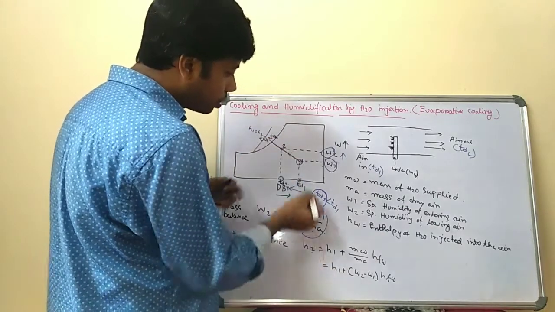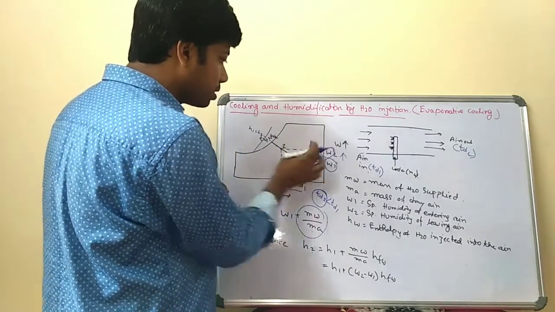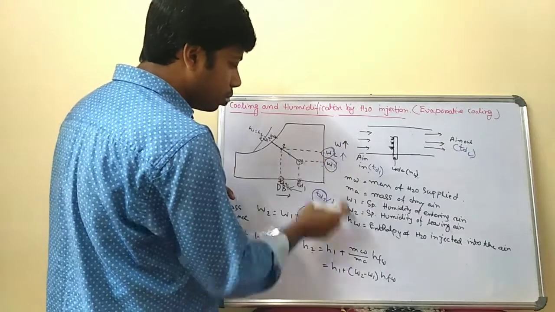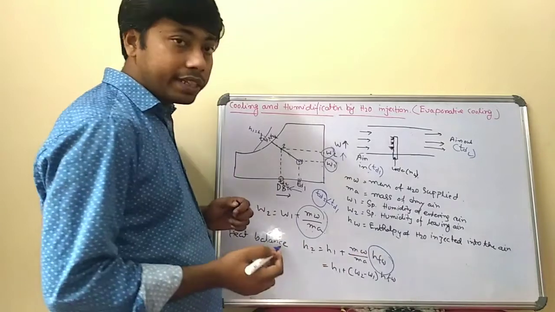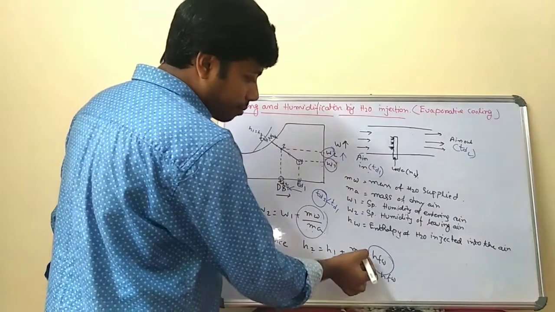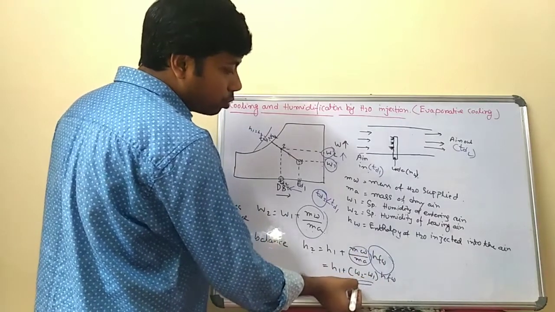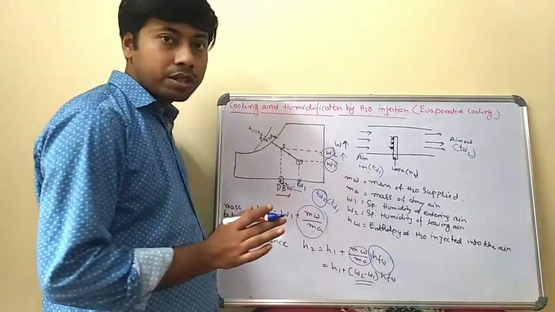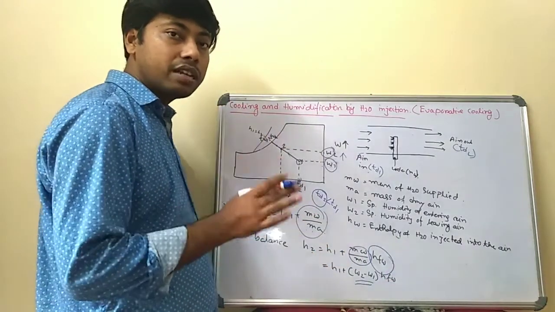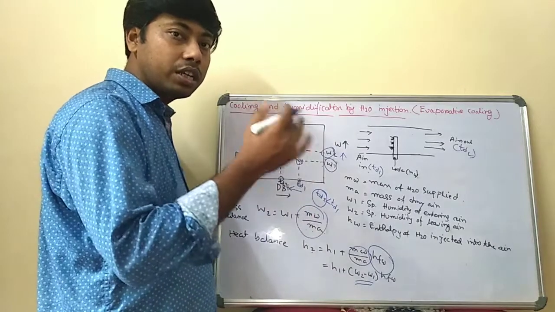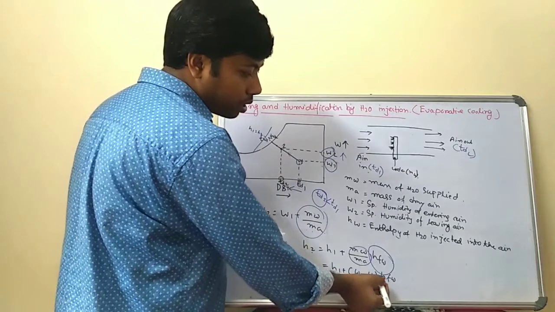Enthalpy H2 is equal to H1 plus this difference, that is MW divided by MA into HFW, where HFW is the latent heat of vaporization. In terms of MW by MA, you can write W2 minus W1, the difference between the specific humidities, into HFW. So H2 is equal to H1 plus W2 minus W1 into HFW.